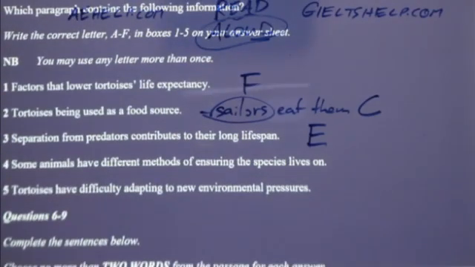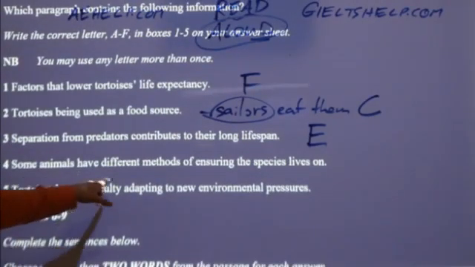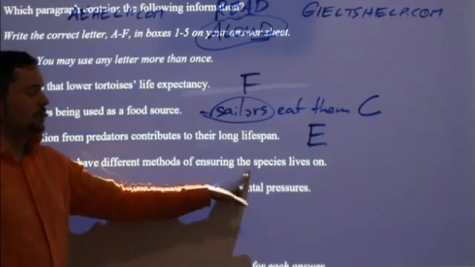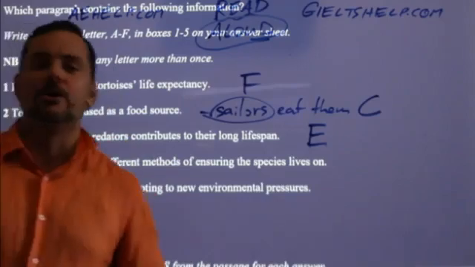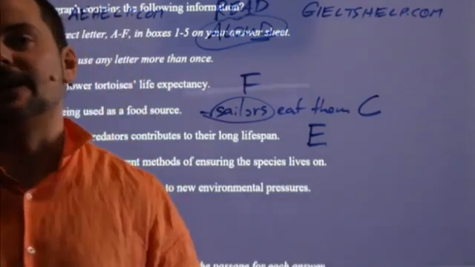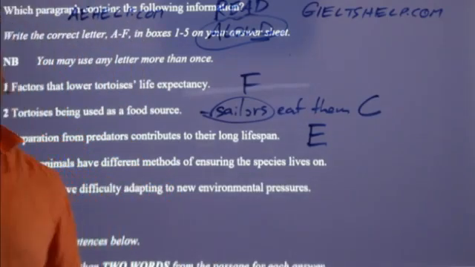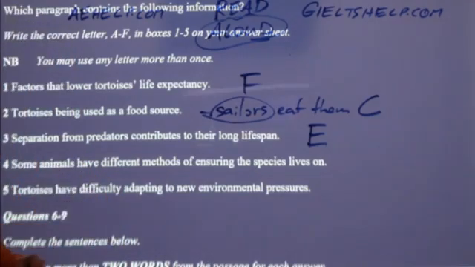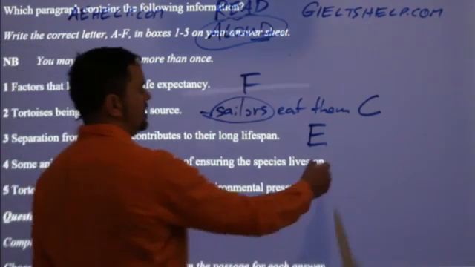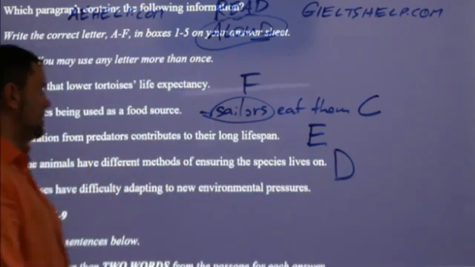Okay, number 4. Some animals have different methods of ensuring the species lives on. All right, that was about some animals are poisonous, some animals run really fast. Which paragraph did I visualize that where I was like, oh, okay. Yeah, D. Pretty sure that was D. Okay.